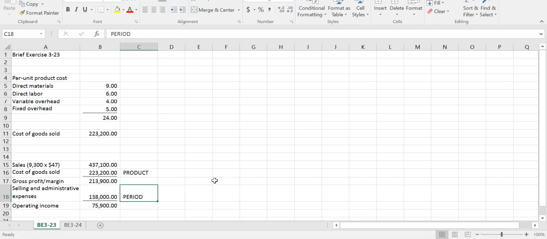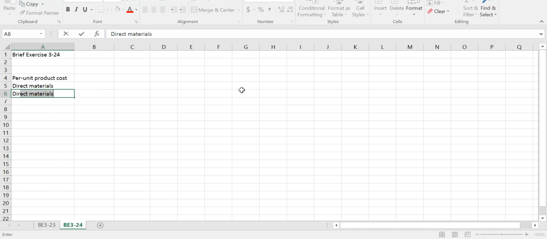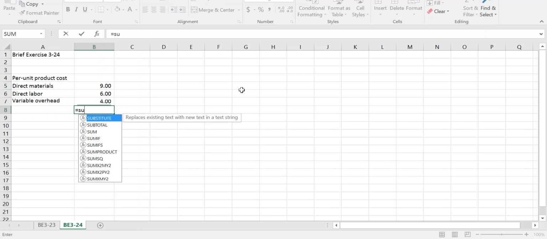They want us to use the same information and do it now using variable costing. So again, the first thing that we have to do is figure out our per unit product cost under variable costing. And under variable costing, we only look at the variable components of our product cost. That's direct materials, direct labor, and our variable overhead. So again, materials were 9, labor was 6, and variable overhead was 4.